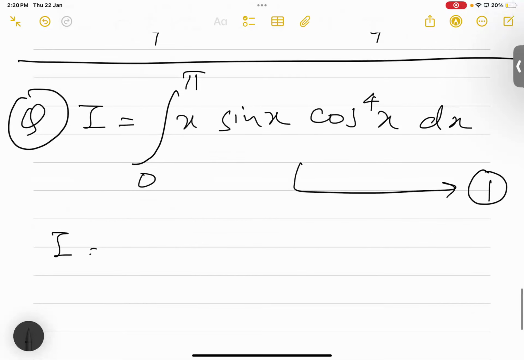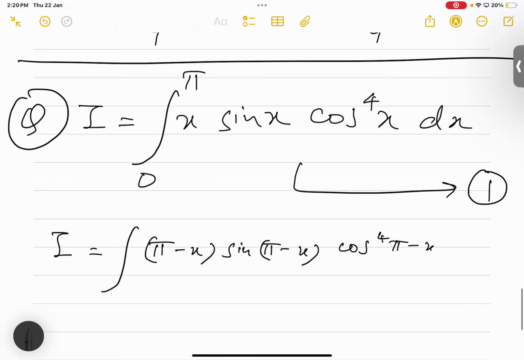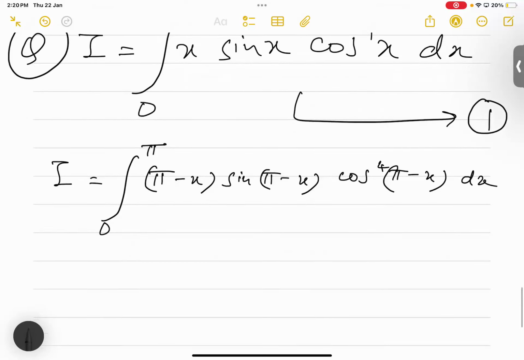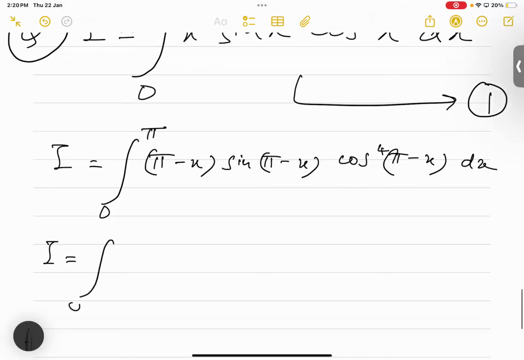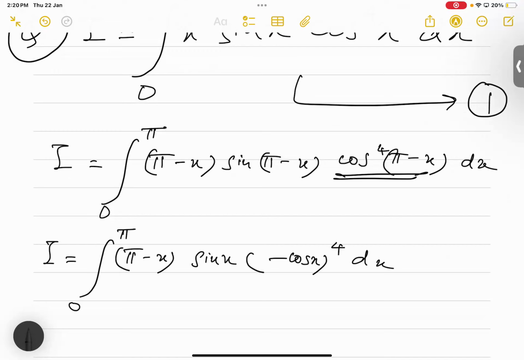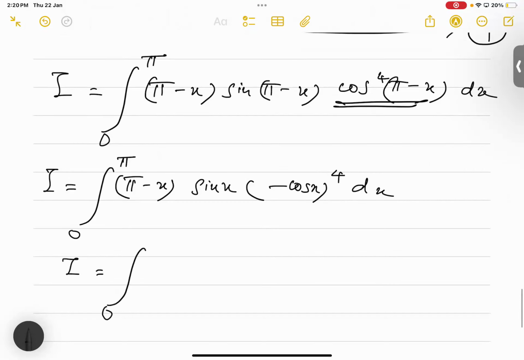So after you apply the property, it will be something like this. Equation number 2.